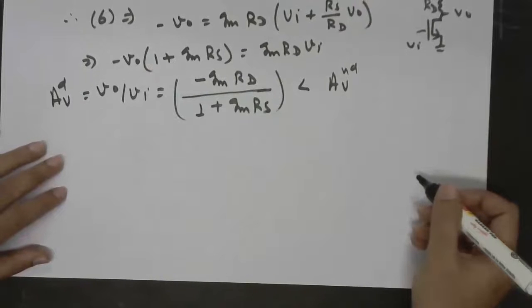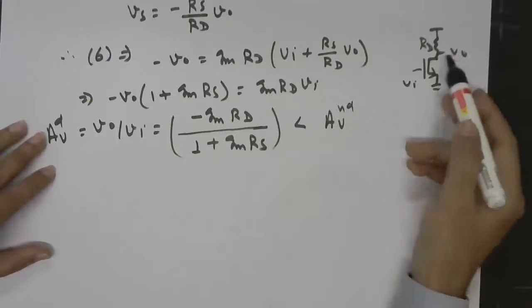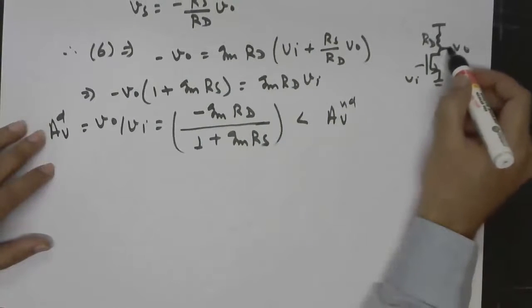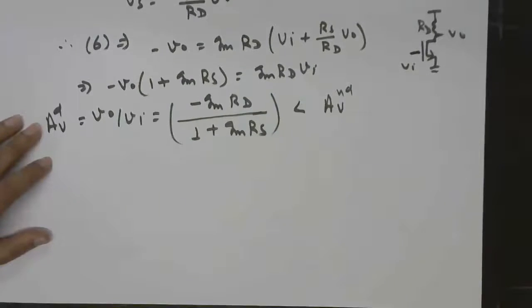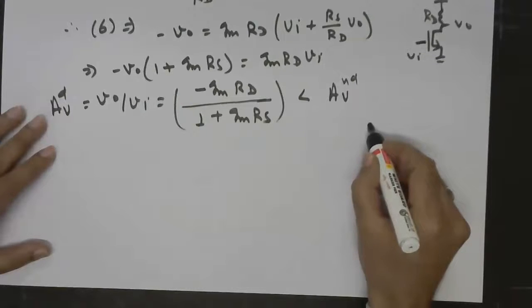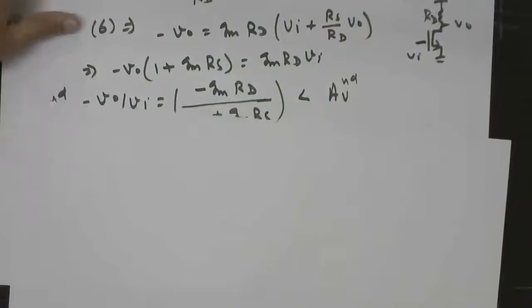For that, we will revisit this MOS, and now we will try to see what happens to the output signal when the input grows. Let me try to show it here.